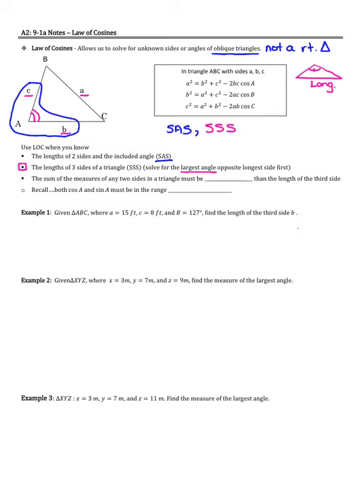The other thing you have to make sure of before you start doing law of cosines is that you even have a triangle. So remember, if you have three sides, the sum of the measures of any two sides has to be strictly greater than, not even equal to, the third side. Otherwise, you don't have a triangle.